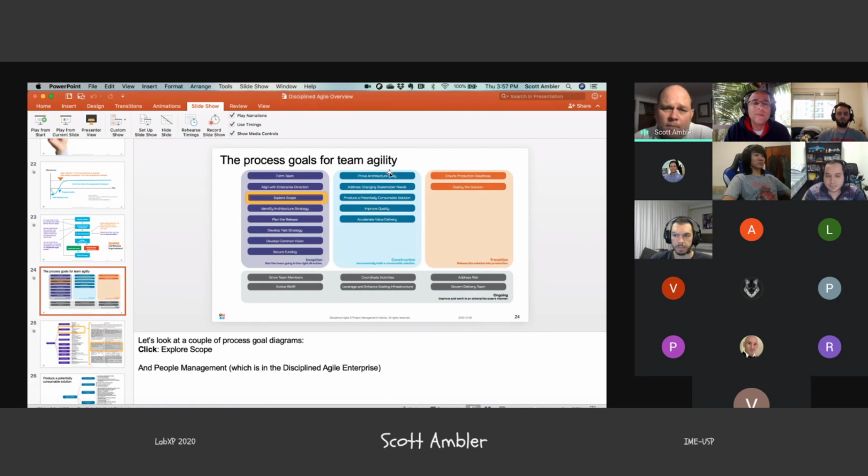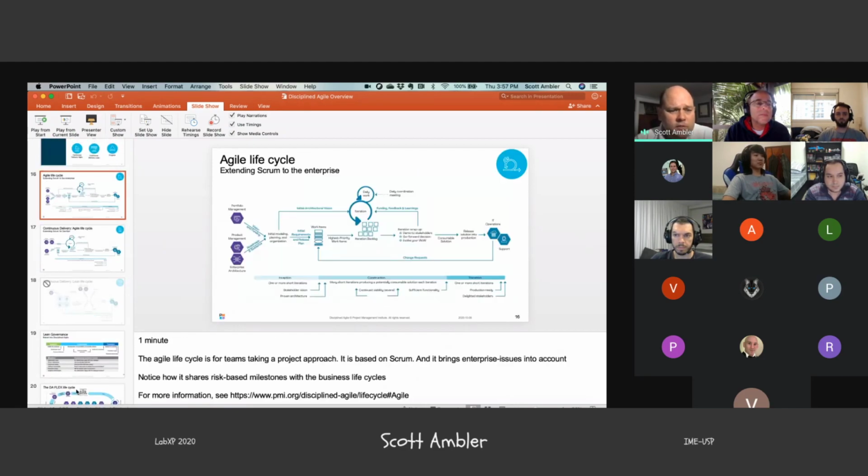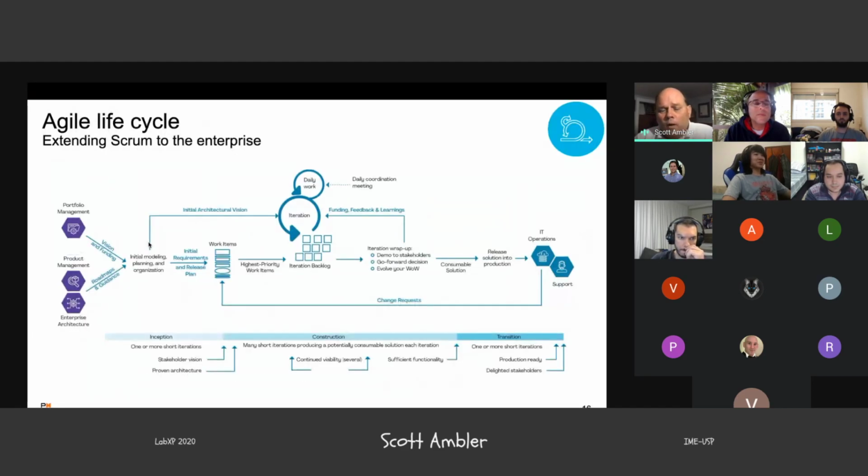But then one of the other process goals is to prove the architecture early. And what we do there, and I'll bring up this slide, this is basic software engineering, in order to decrease technical risk on the project, we spend the first few iterations, the first few sprints, working on the architecturally significant stories or requirements.